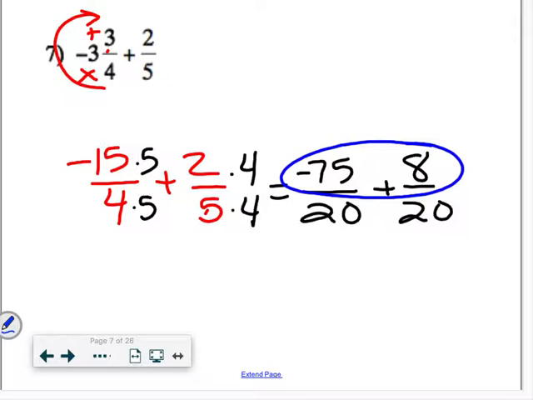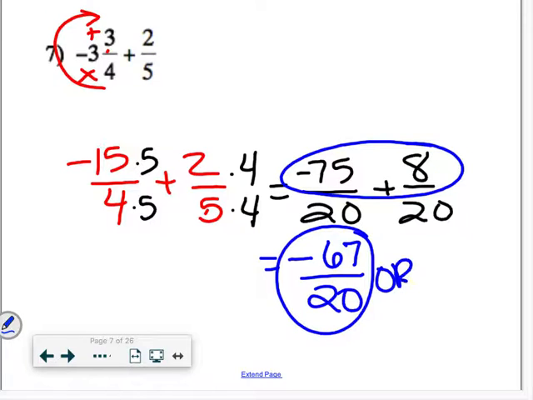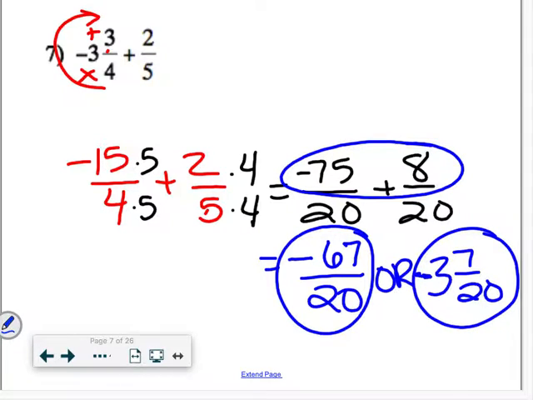Different signs, so in this case we need to subtract. So that would give you negative 67 over 20. Again, I think 67 is prime, so nothing to simplify. So you could have negative 67 over 20, or negative 3 and 7/20. Just make sure with the mixed fraction that negative is out in front of the 3, not by the 7. That's not proper format. Okay?